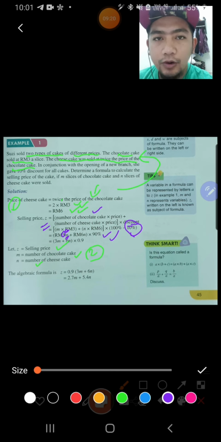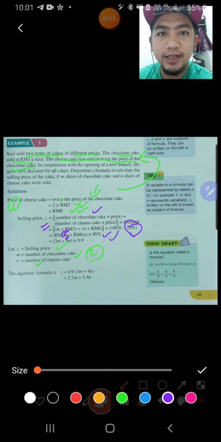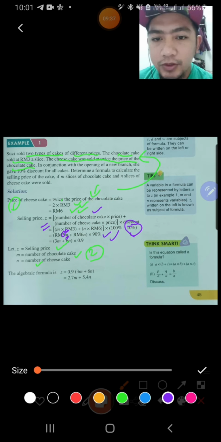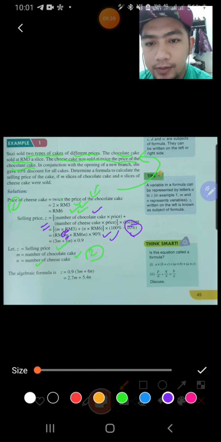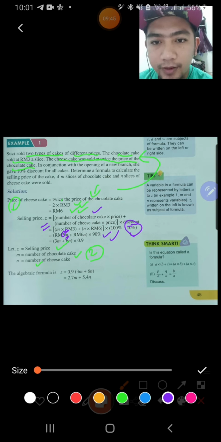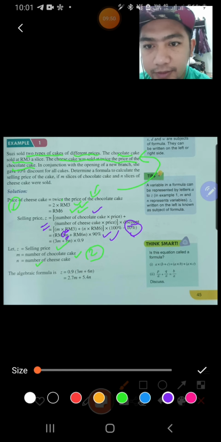Don't you ever put 10%, because the 10% is the discount, which means the customer no need to pay. The 90% the customer still needs to pay, that's why we multiply with 90%. So Z equals 3M plus 6N times 90%. Remove the RM, because this one is an algebraic formula.